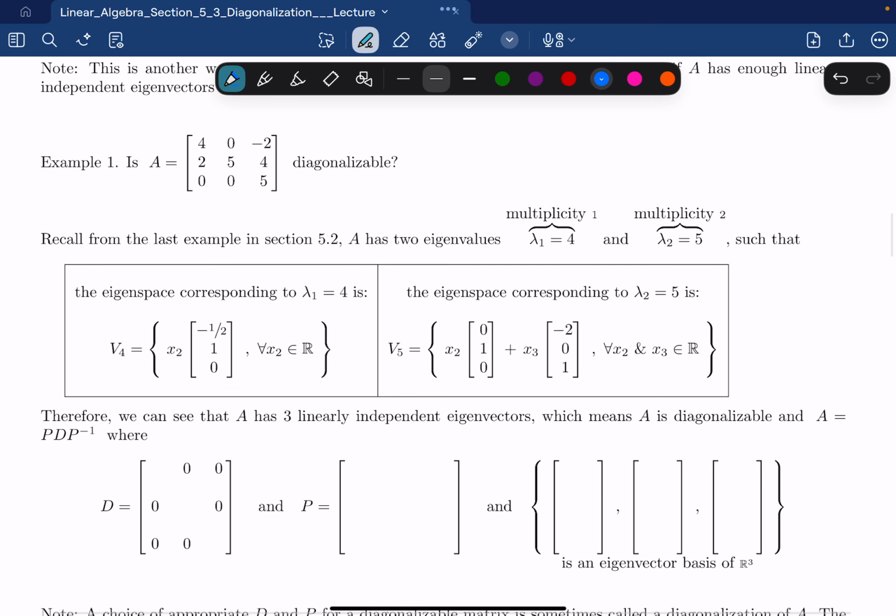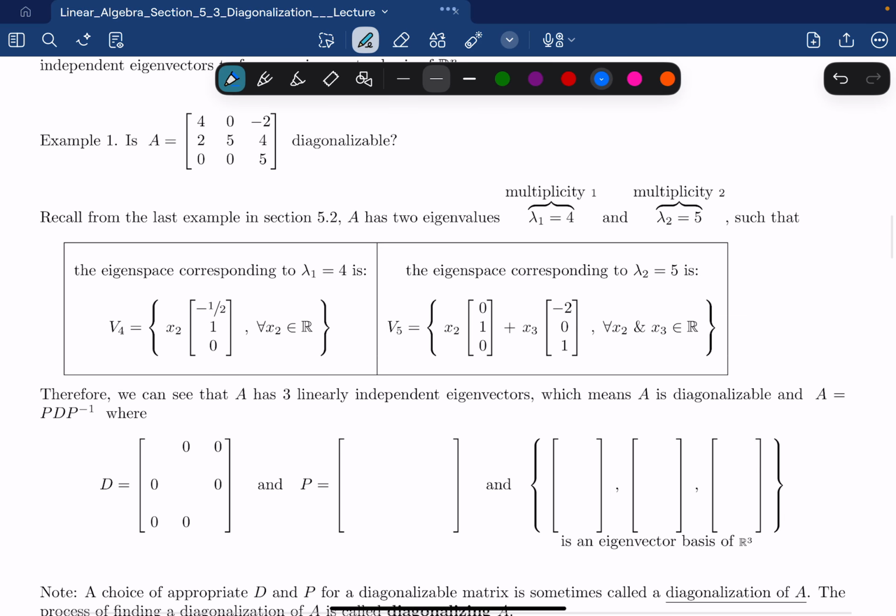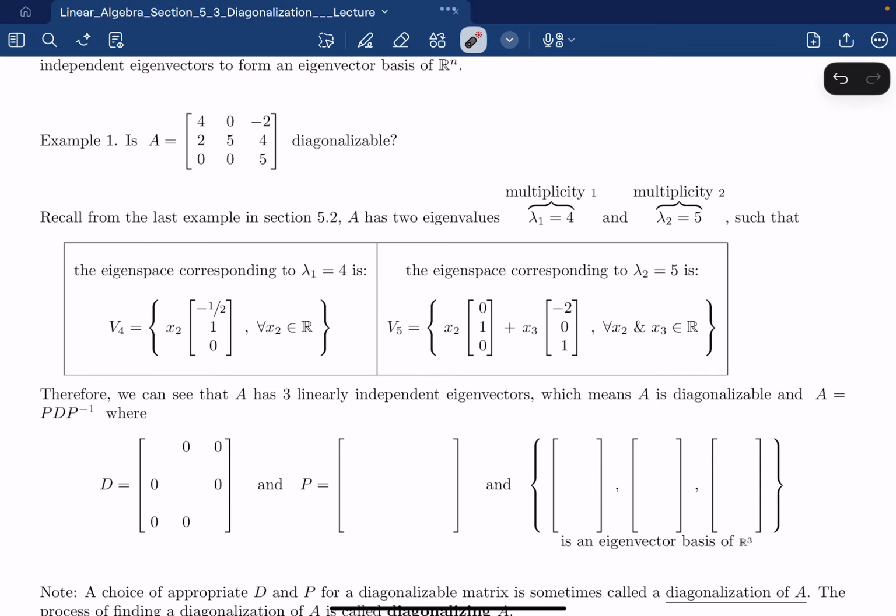So here's an example from 5.2. Is this matrix A diagonalizable? Well, from the example in the videos in 5.2, we saw that A has two eigenvalues, lambda 1 equals 4, which has multiplicity 1, and lambda 2 equals 5, which has multiplicity 2.